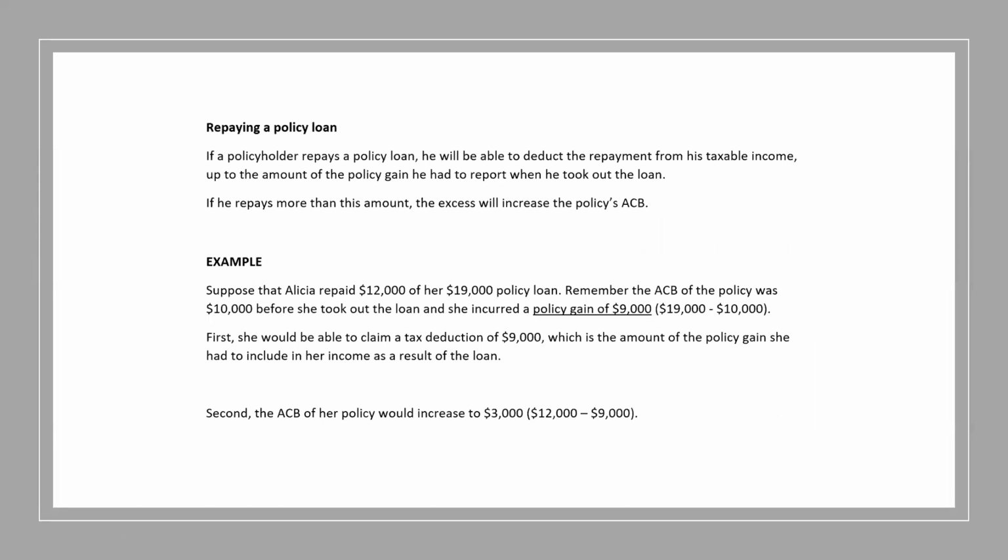If Alicia starts repaying some of the policy loan, then we have to look at the impact on the ACB and whether she can actually get some refund on the tax that she paid on the policy gain previously.